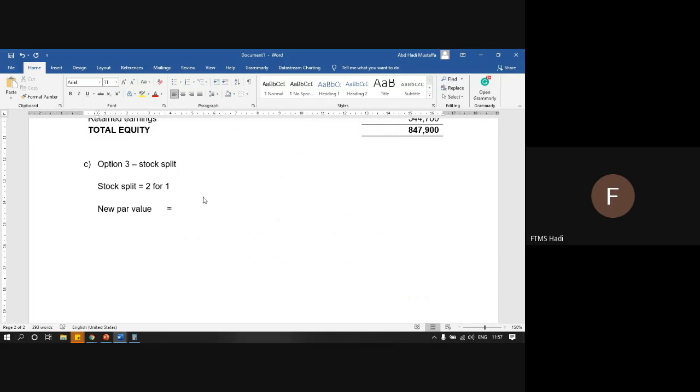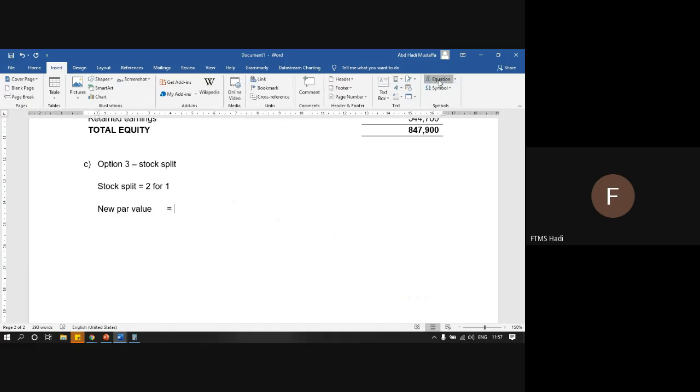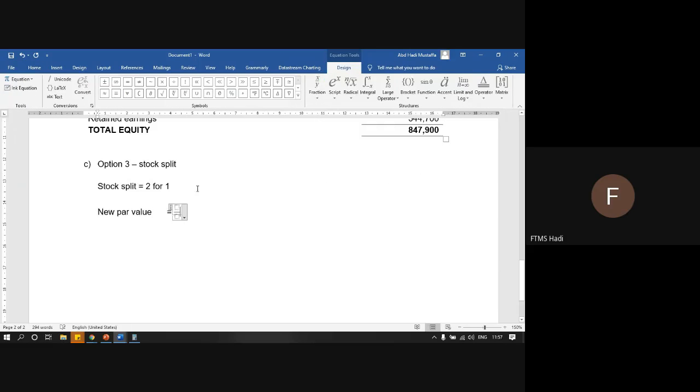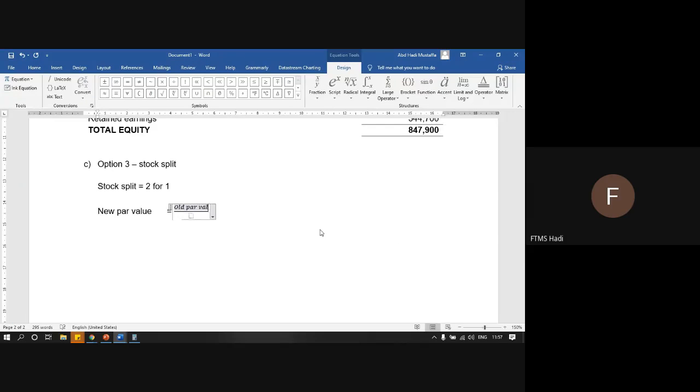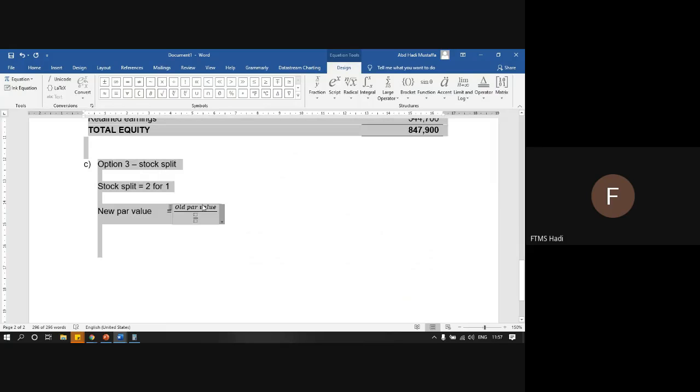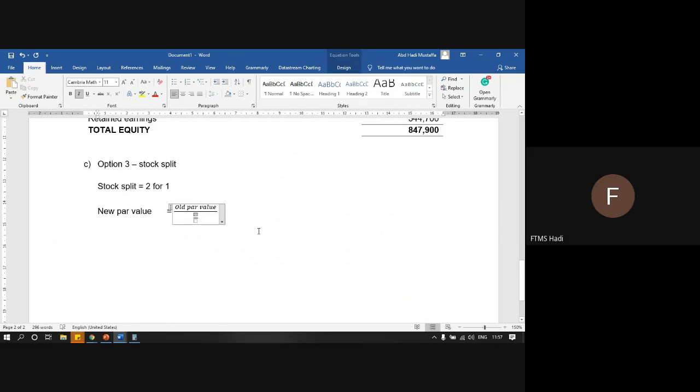Okay, new par value, the formula will be: old par value, and then another fraction, divided by A, divided by B. Something like this.